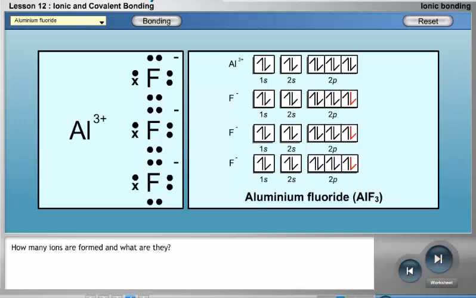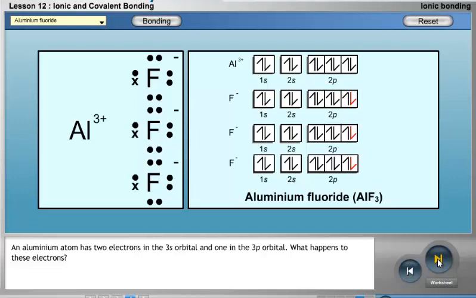How many ions are formed and what are they? Answer: 4. 1 aluminium ion with a positive 3 charge and 3 fluoride ions each with a single negative charge. An aluminium atom has 2 electrons in the 3s orbital and 1 in the 3p orbital.